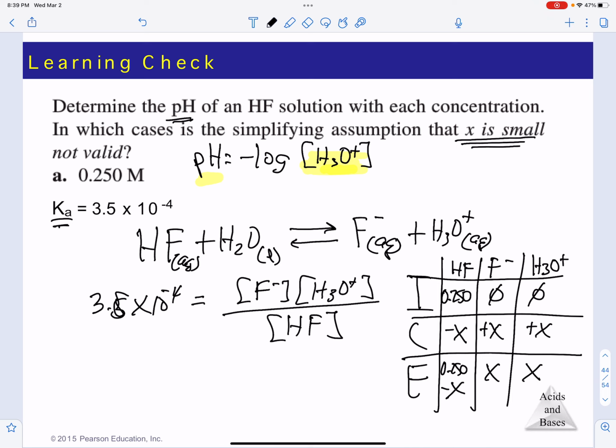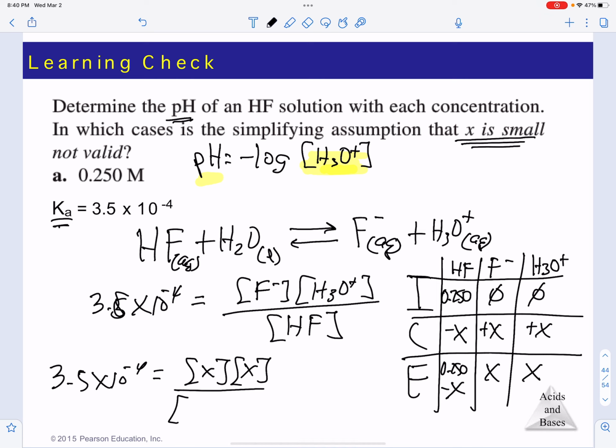So when we put that into the expression, 3.5 × 10^-4 equals x times x over 0.250 minus x. At this point, we can say, I'm going to assume that the x is really small.